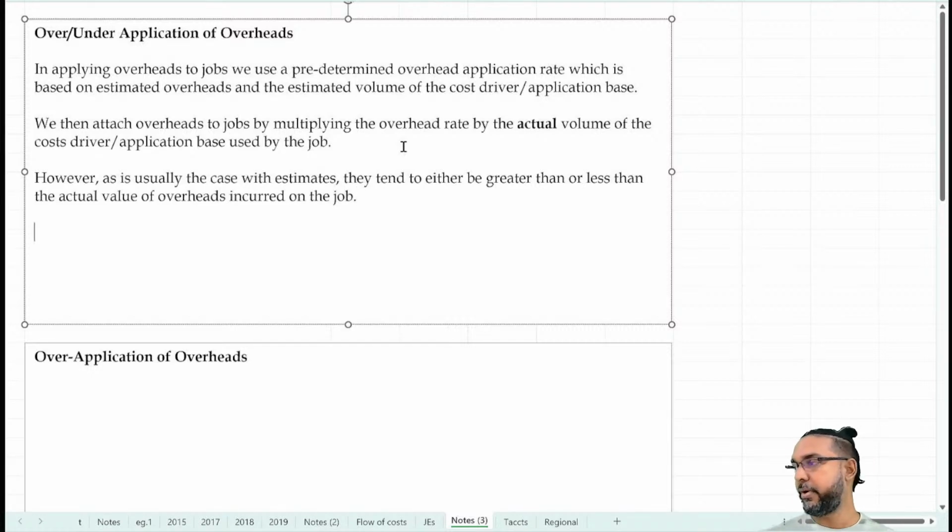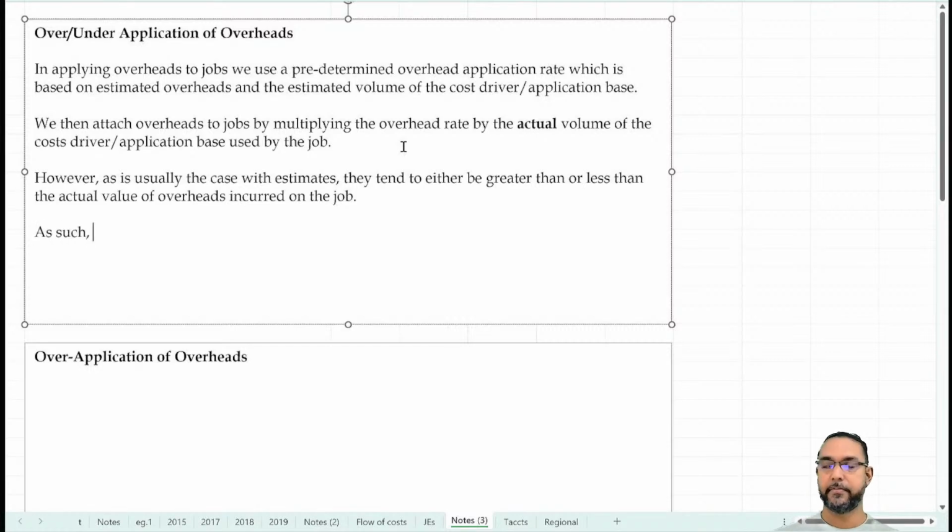So that should be no surprise. Estimates are, once again, not guesses exactly, but figures we come up with beforehand based on past information. They are just meant to be guidelines, and they are often not equal to the actual value of the cost incurred. So that's what that sentence says.